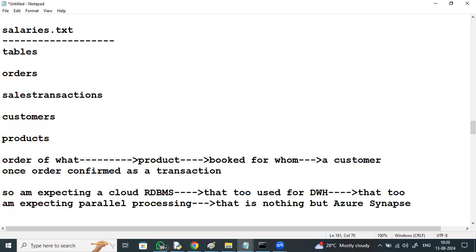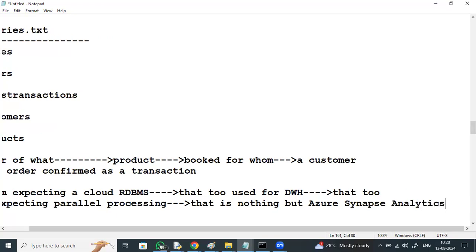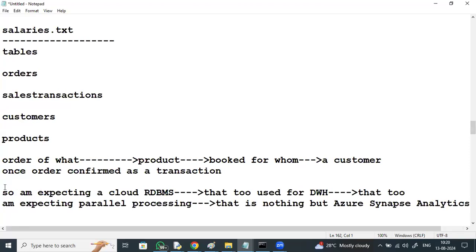That is nothing but Azure Synapse Analytics. So I'm expecting a cloud or DBMS used for a data warehouse, and that too with parallel processing. That is nothing but Azure Synapse Analytics.